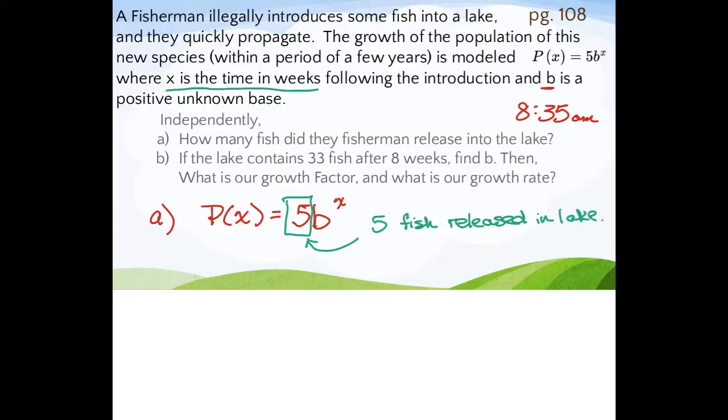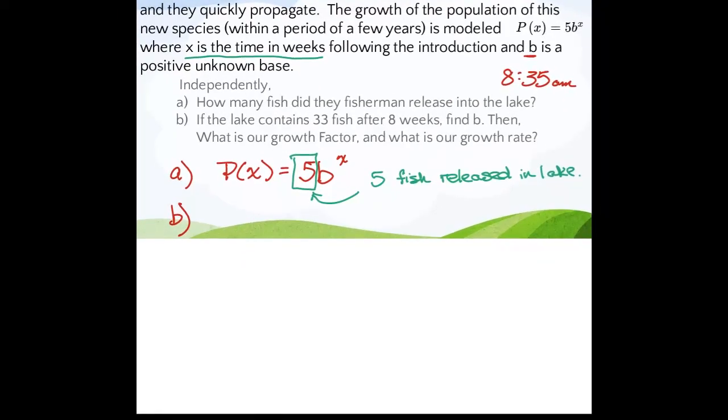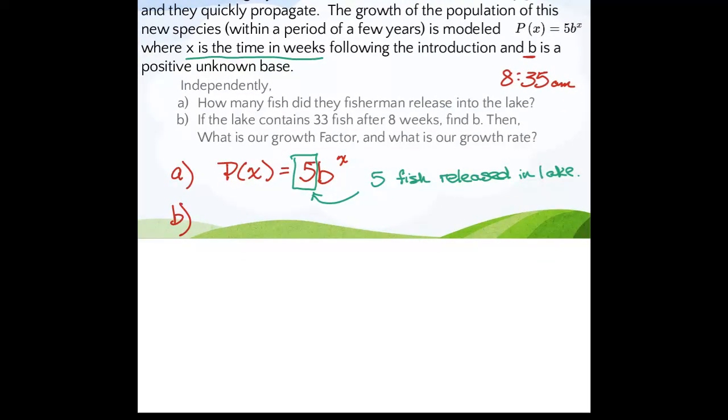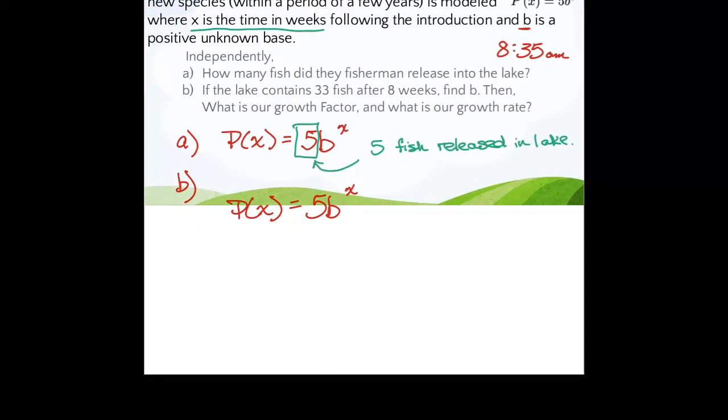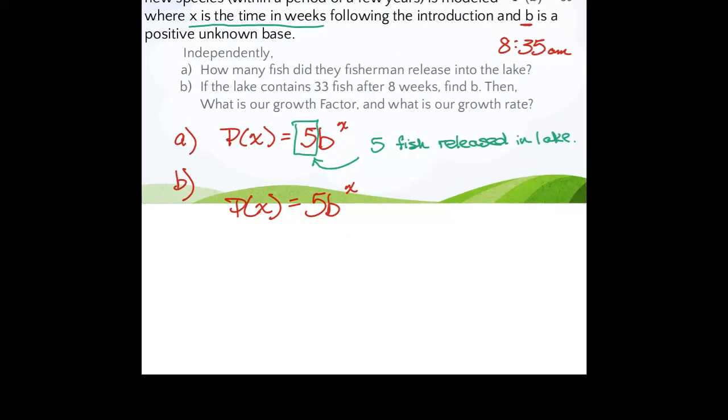Okay. So then letter B says, if the lake contains 33 fish after 8 weeks, find B. All right, so if this is my initial equation, I'm going to put it down here again. 5 times B to the X, what would you do with that information to try to find B?